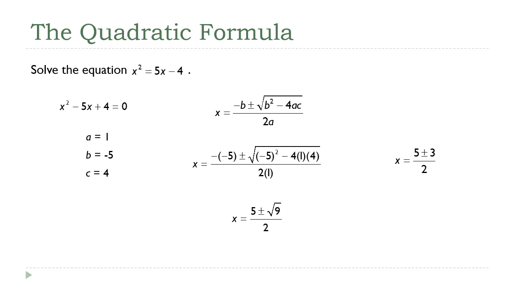And okay, now when this happens, when the square root goes away completely, we're not done. We really have to keep simplifying here. I'm going to split this up into two separate numbers, 5 plus 3 over 2 and 5 minus 3 over 2. And that's what, 8 over 2 and 2 over 2, so x is equal to 4 or 1. So what happened here?